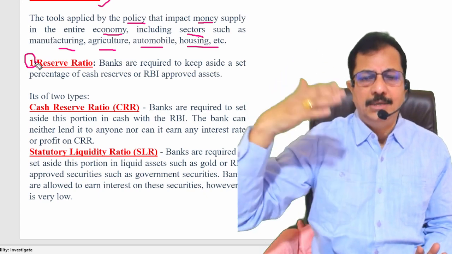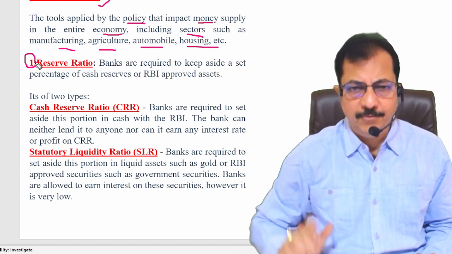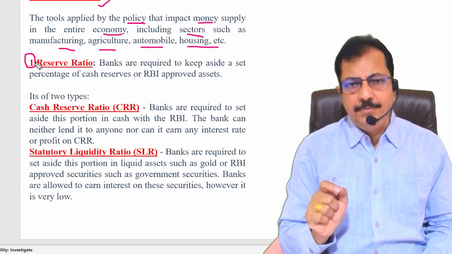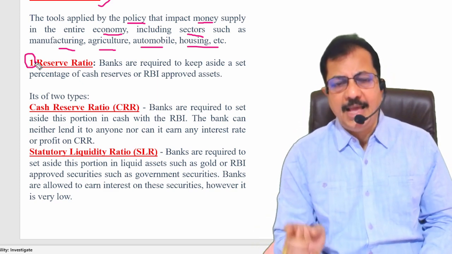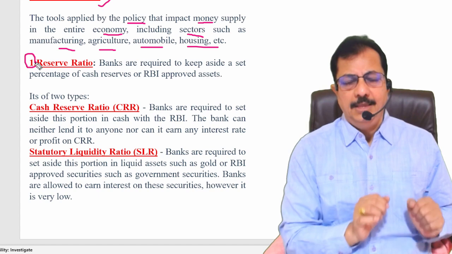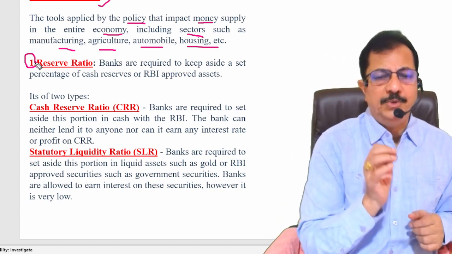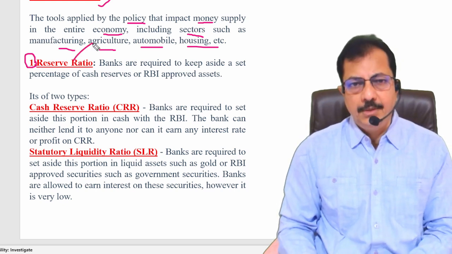The bank cannot give it to the people or businesses in the form of loans. It's a compulsion under the rules that every bank has to reserve a certain amount with RBI, and that is called reserve ratio.